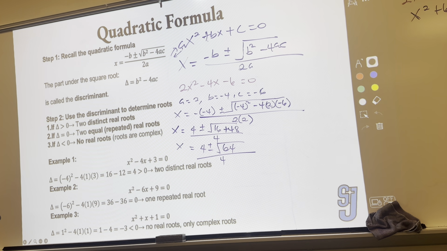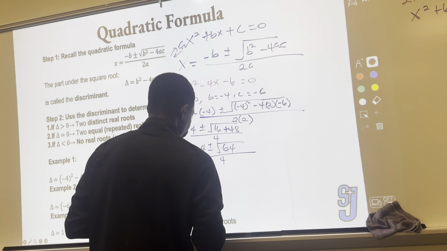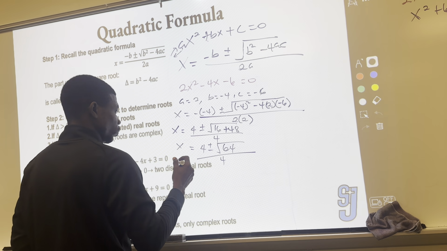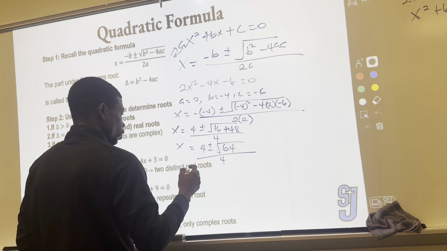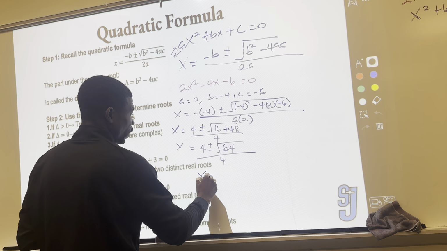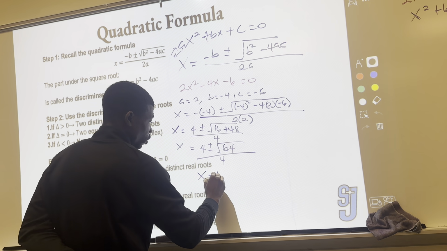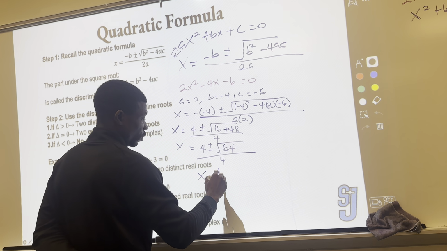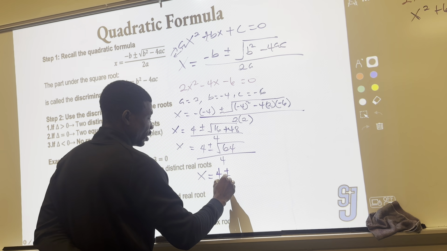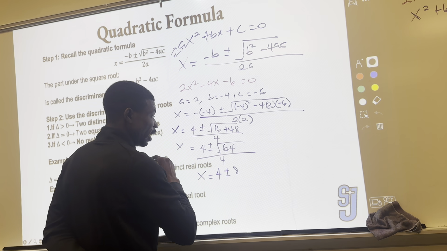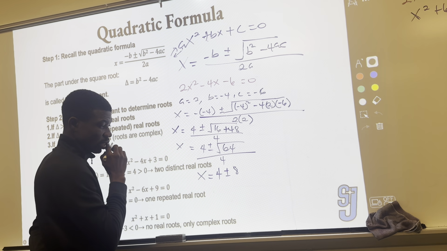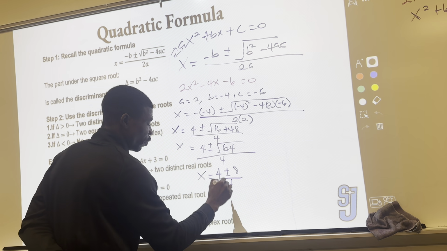So x equals 4 plus or minus root of 64, which is 8, over 4.